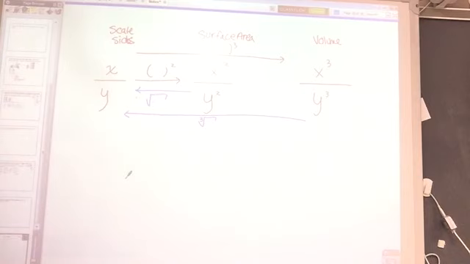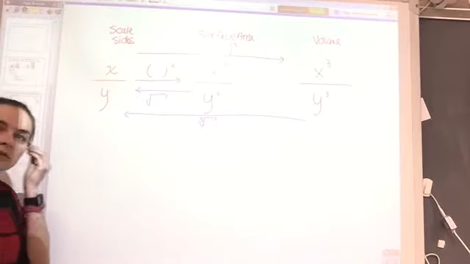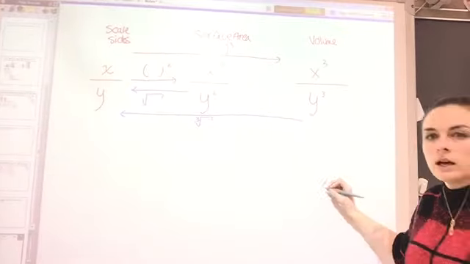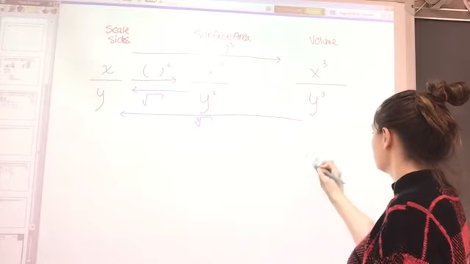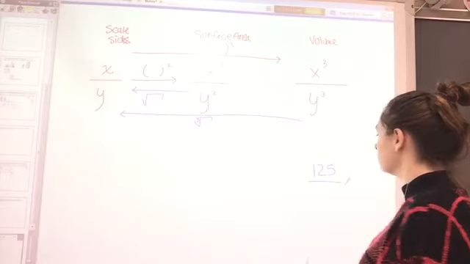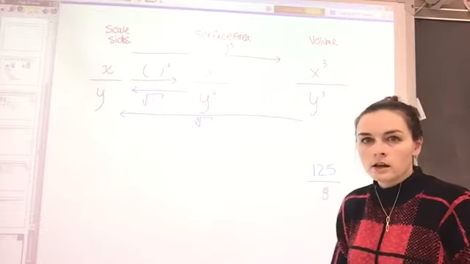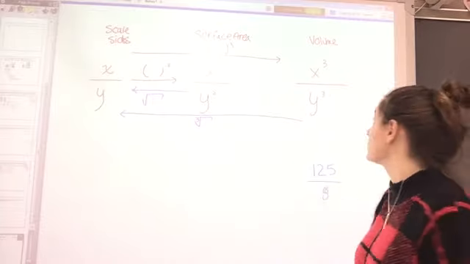Let's do an example together. Let's say we were given the volume, and let's say it was, I don't know, 125 over 8, okay? And I want to find each of these three things.